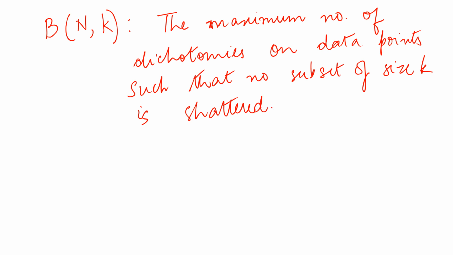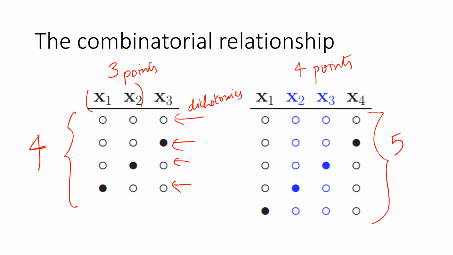Let's look at the examples that we looked at earlier, right? So basically here, B, and what is n here? 3 points, right? So I'm going to write 3. And what were the subsets that we were looking at when we wanted them not to be shattered? It was of size 2, right? So size 2, and the max number of dichotomies that we came up with is 4 in this case.